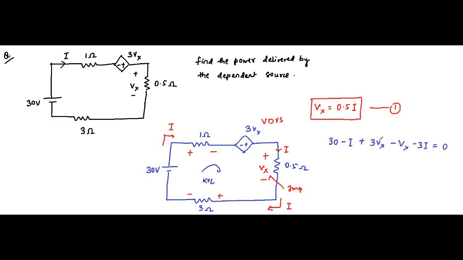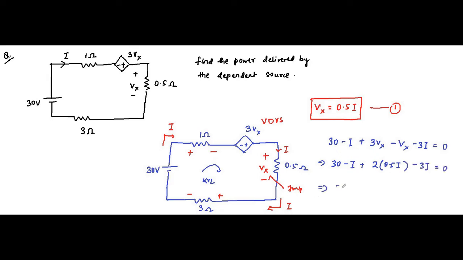Then we have to bring the equation in terms of this single parameter I. So we'll substitute Vx with 0.5 I. That implies 30 minus I, this will be 3Vx minus Vx, it will be 2Vx. So 2 into 0.5 I minus 3I is equal to 0.